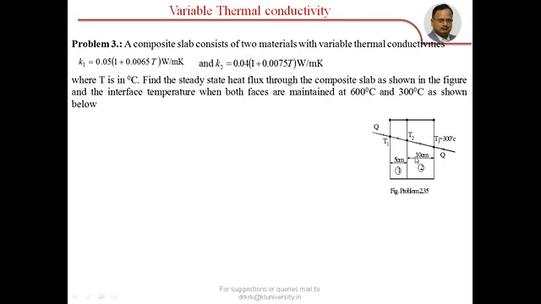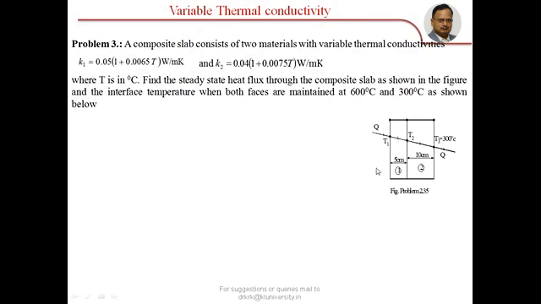Now one plate is 5 centimeter thick, another plate is 10 centimeter thick. You know the K1 and K2. K1 is the thermal conductivity of the first material. It is given in the form of K0 into (1 plus alpha T), which indicates that the thermal conductivity is not constant, varying from T1 to T2. But we know only T1 as 600.